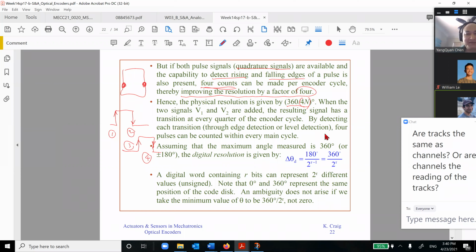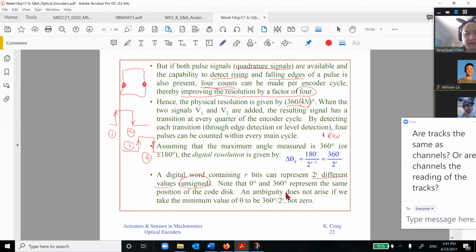Assuming the maximum angle, 360, is 1 rev. 1 revolution, 1 rev. So the digital resolution is given by this. A digital word containing R bits can be represented by 2 to the power of R different values, unsigned, meaning without plus or minus.